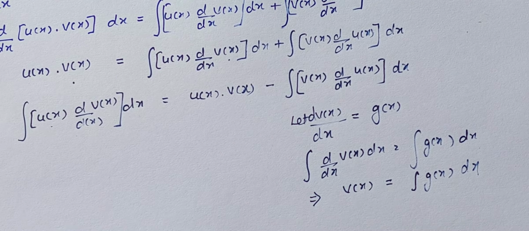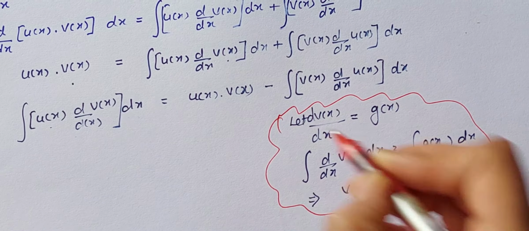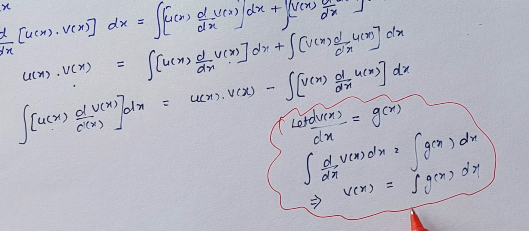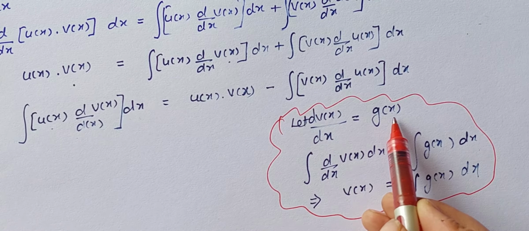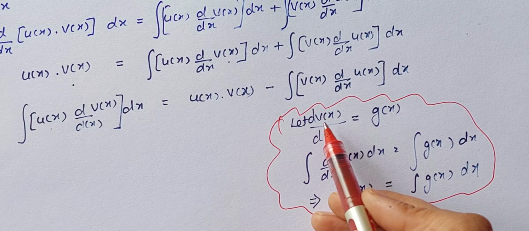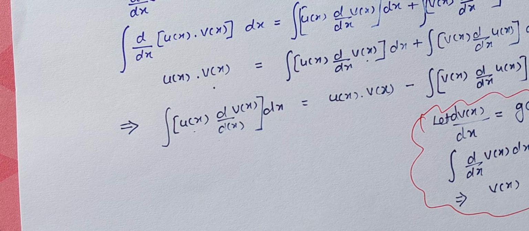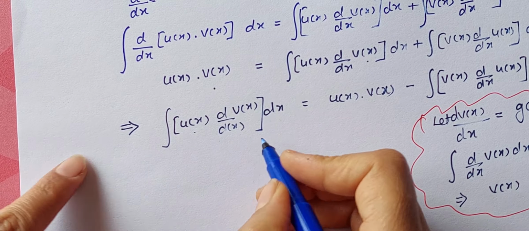Now this value can be substituted in the above equation. We are going to replace this by g(x), so there should not be any v function here now. So let's substitute.